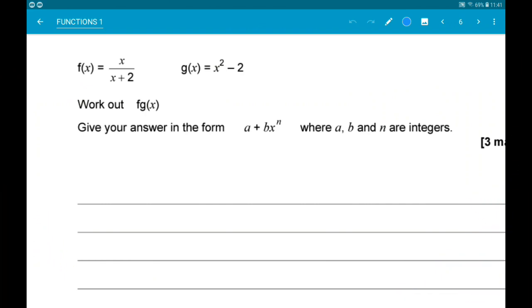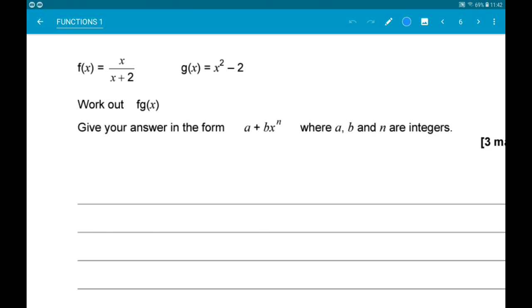Okay, next up, f of x is x over x add 2, g of x is x squared minus 2. Work out fg of x, give your answer in the form a add bx to the power n, where a, b, and n are all integers.